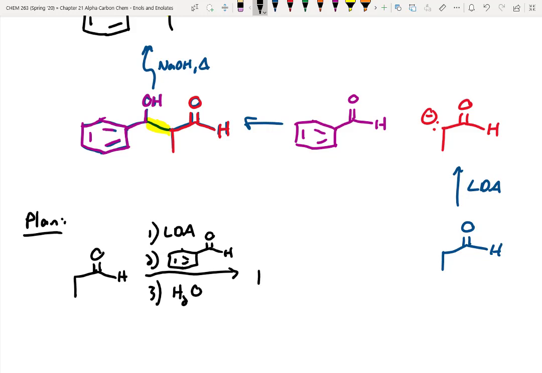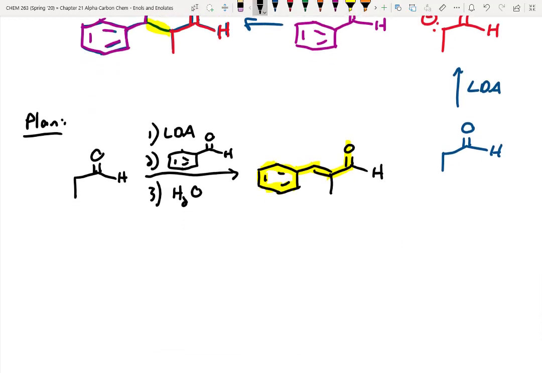And by doing that, I should be able to get my final product. And I know some of you are probably asking, what about this last step with sodium hydroxide and heat? In this case, we actually don't need sodium hydroxide and heat, because by doing that condensation reaction, we're able to extend the conjugation all the way through the ring system. So you don't really even need any additional heat, but this plan would work quite well.